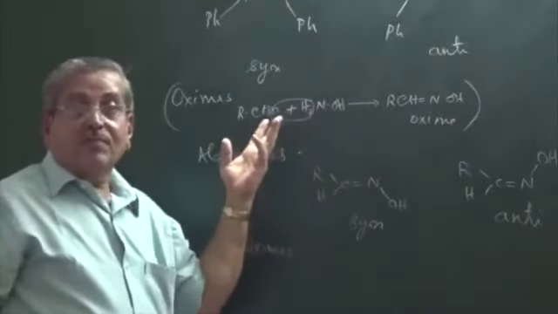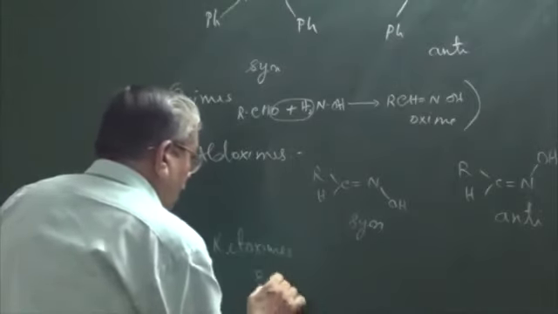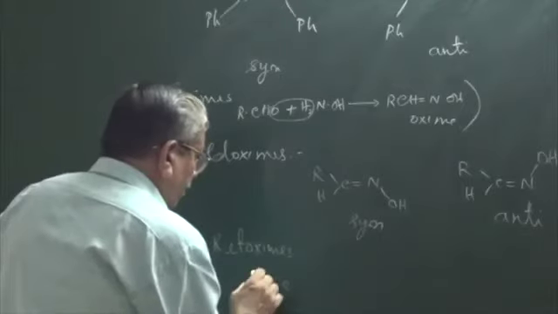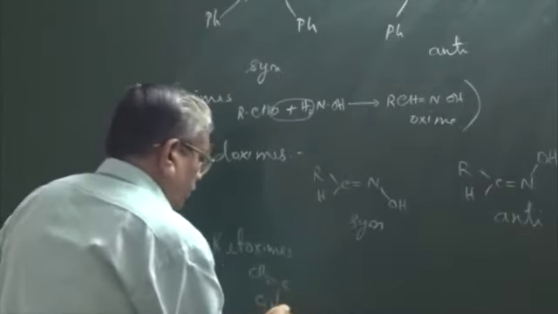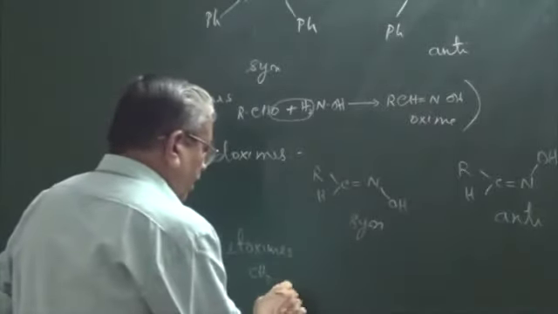This is called a ketoxime. So what is the formula? We have a ketone RCO. I will write in particular CH3 and C2H5, CO, which means it is ethyl methyl ketone.